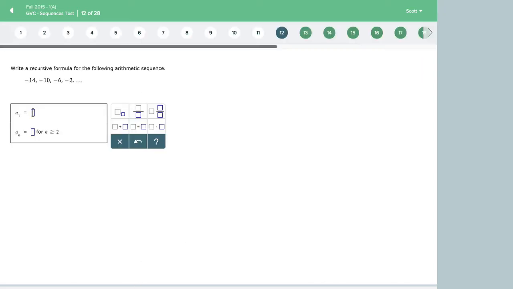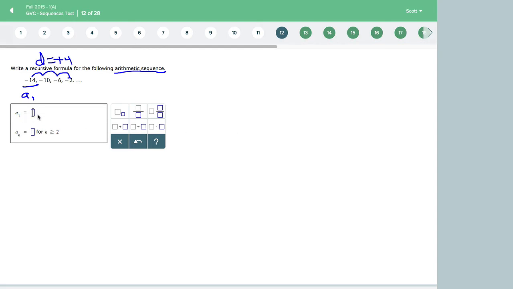Number 12, write a recursive formula for the arithmetic sequence. We did this just a short time ago. Our first term is right here. That's a sub 1. Okay, and it's arithmetic, so we're looking for a common difference. It's plus 4, plus 4, plus 4, so we see the difference is plus 4.